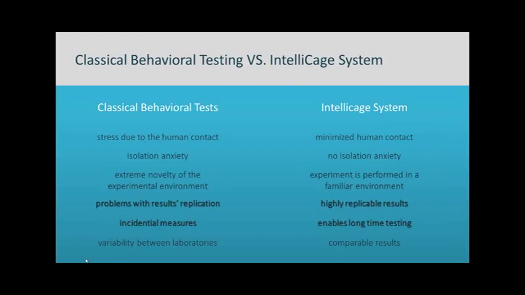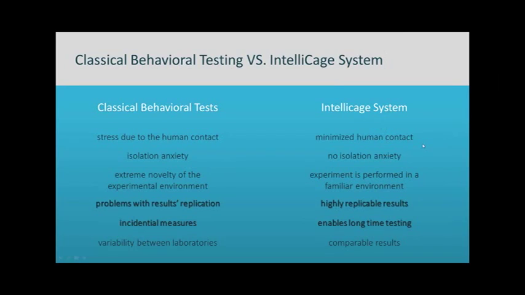But let me start with a brief comparison of classical behavioral tests and the IntelliCage system. As Holger already mentioned, the IntelliCage system allows us to minimize the contact of mice with an experimenter.